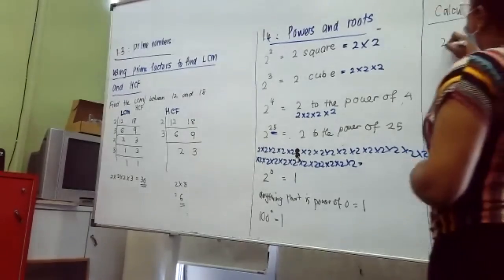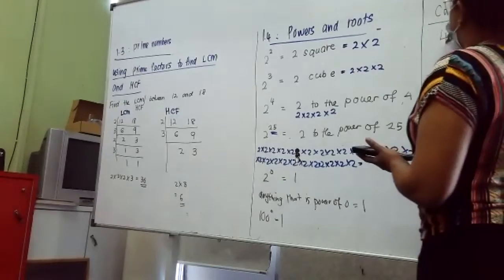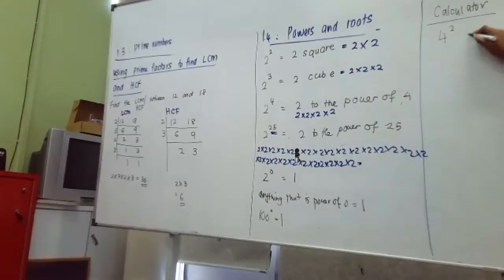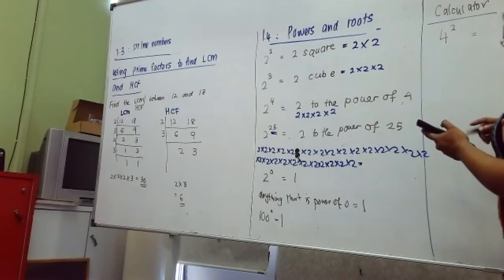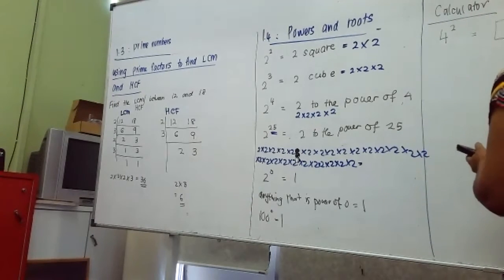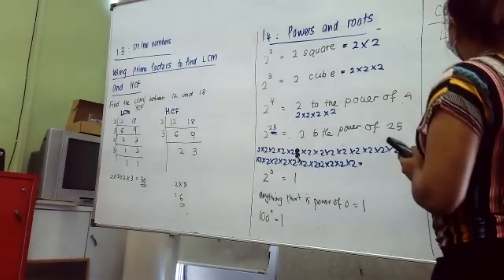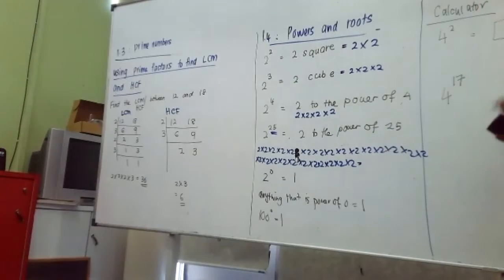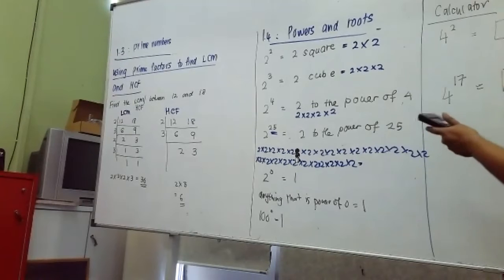If it's 2 to the power of 2, or whatsoever, I'll just say 4 to the power of 2, in your calculator, you press 4 and then you press x2. Then you'll get your answer. Put equals, you'll find the answer, correct? But if you have 4 to the power of 70, use your calculator for that.